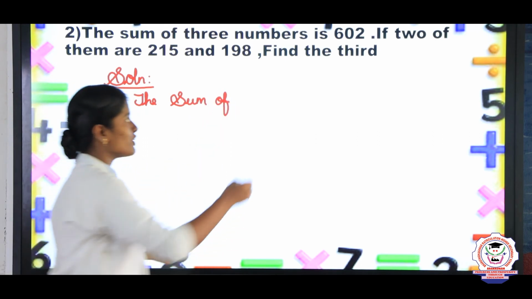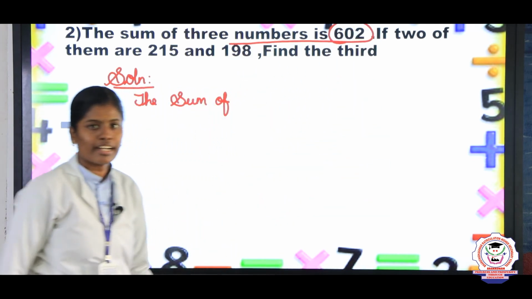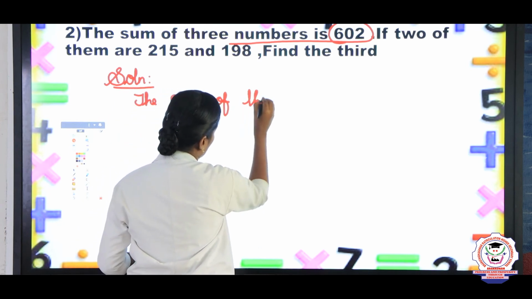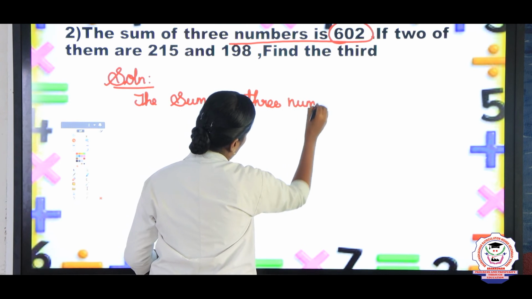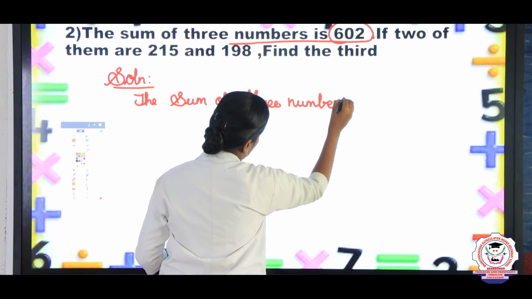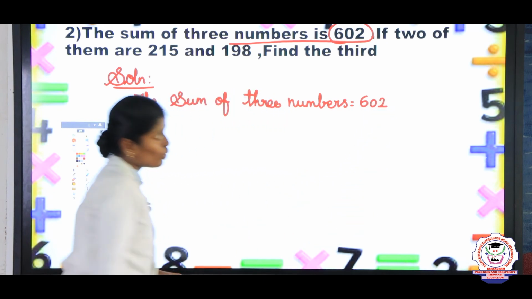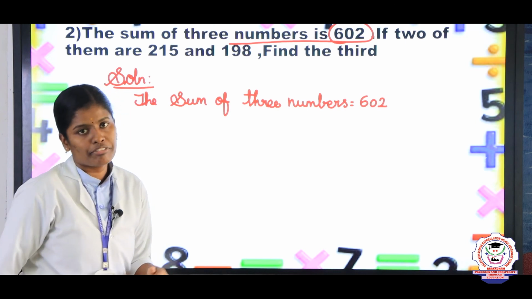What is the sum of 3 numbers value? Yes, 602. Write here: the sum of 3 numbers equal to 602. So we have, 2 of them are 215.